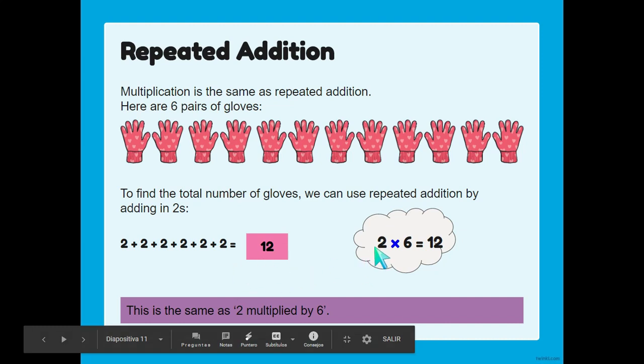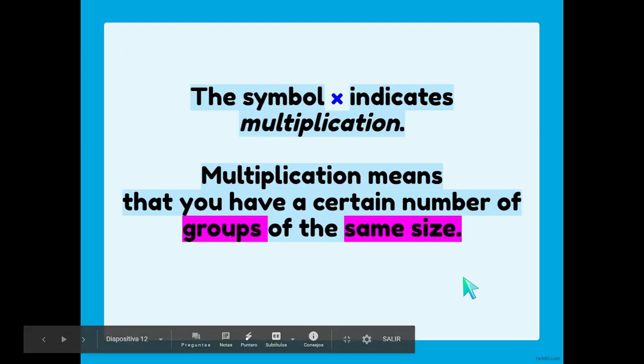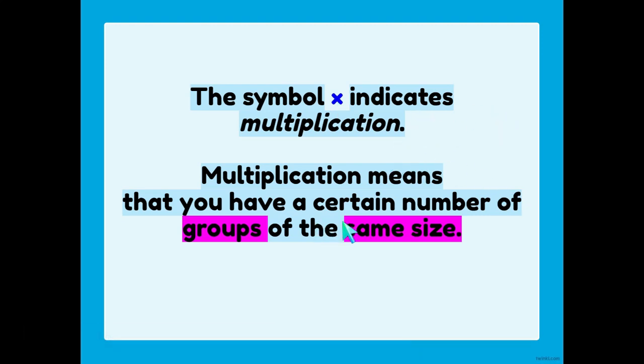We can say that 2 multiplied by 6 equals 12. The symbol, similar to an X, indicates multiplication, and multiplication means that you have a certain number of groups or arrays of the same size.